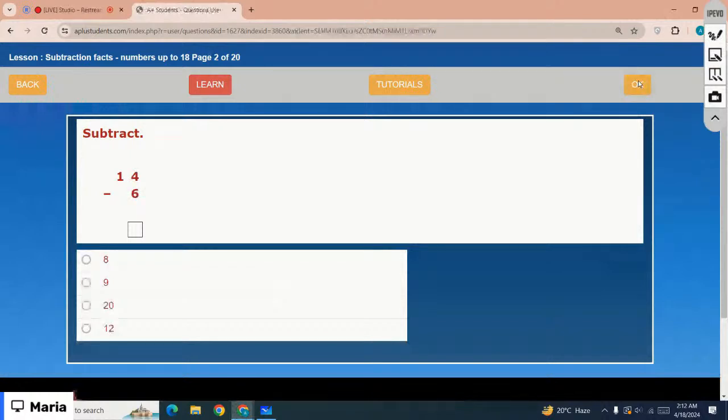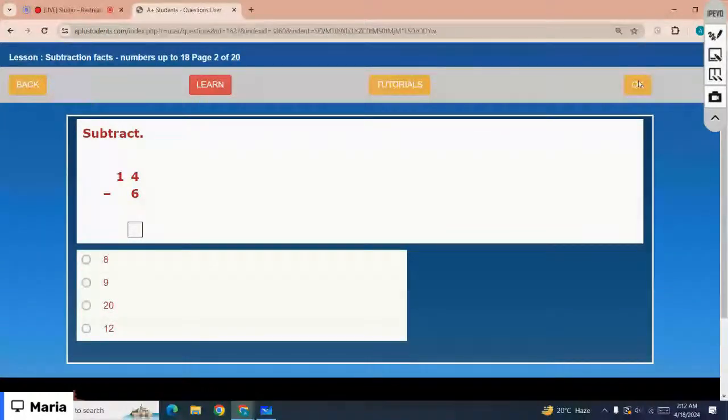Okay, 14 take away 6, which is the correct option? You cannot subtract 4 out of 6.